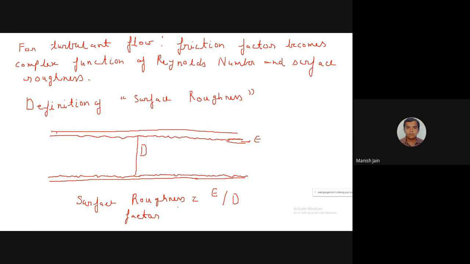So for turbulent flow, the Fanning friction factor becomes a function of Reynolds number and surface roughness factor.